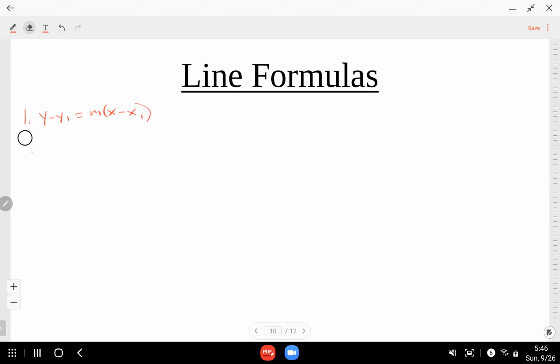And now we have another formula we can get here. We can have slope intercept form, and that's mainly about the y-intercept, okay? If you change this a little bit, you can get y equals mx plus b. So how would we graph this?